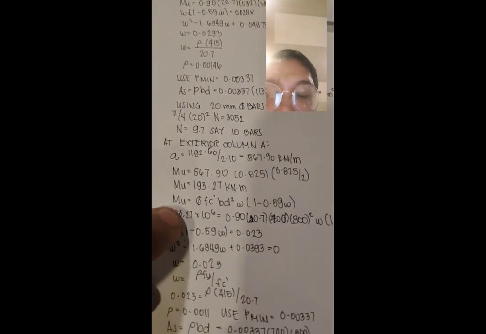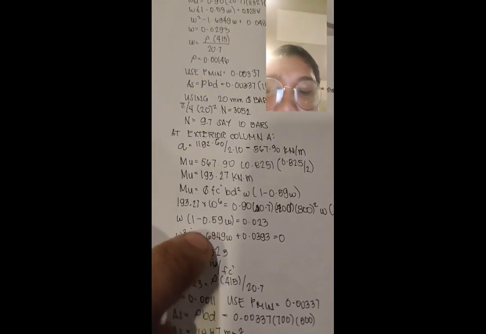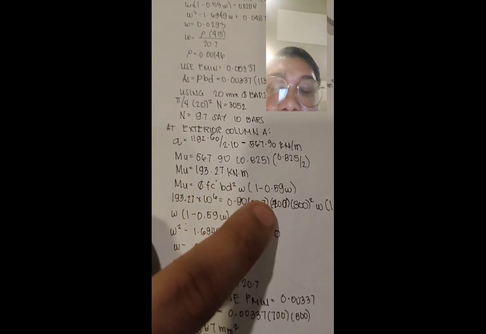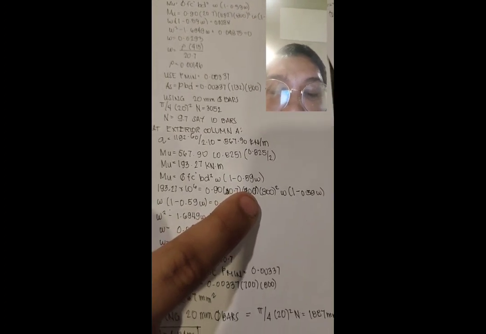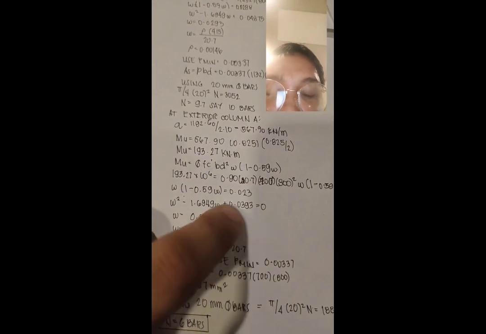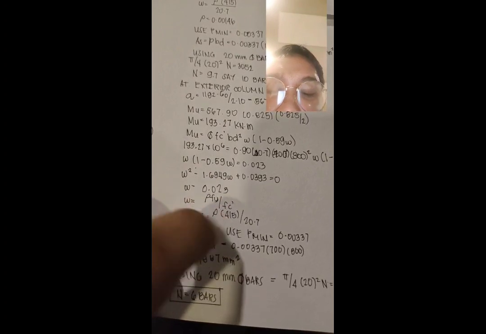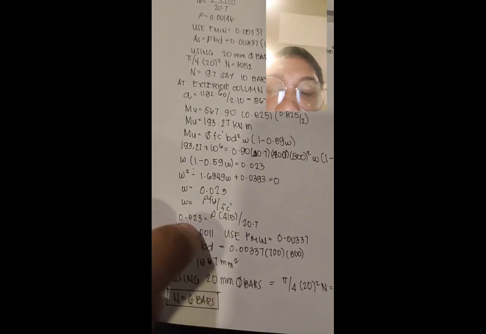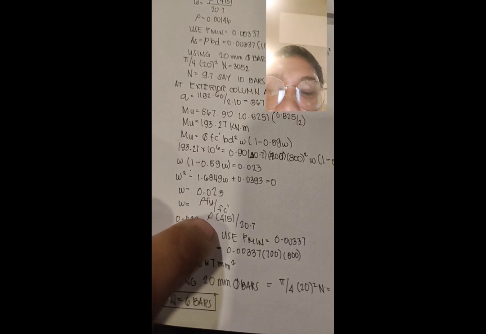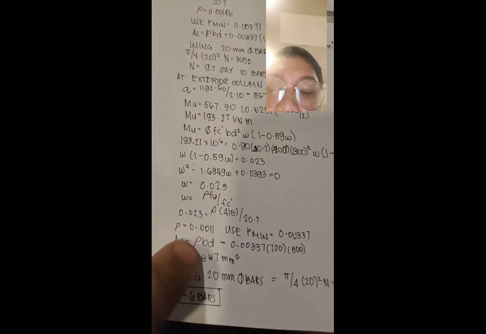So, for this Mu, again, we do what we did here. Substituting the values again, we get the value of w here. Equating it to 0, w here is 0.029. So, for w, we have a formula rho Fy over f'c prime. To get the rho here, 0.023 is equal to rho times 415 Fy all over 20.7 f'c prime. The rho is 0.001.